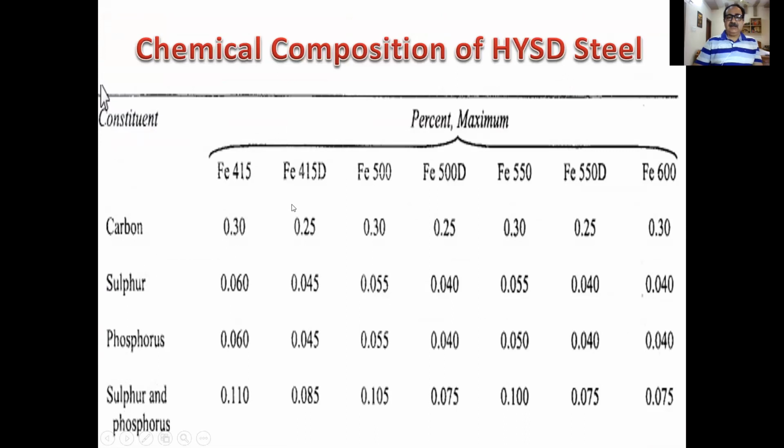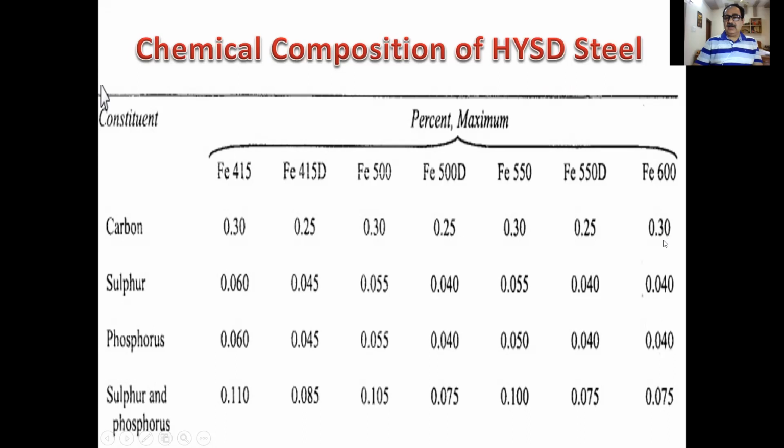From these first two columns, Fe415 and Fe415D, what is the difference between these two bars? They both have the same yield strength, 415 Newton per mm square. But if we compare the carbon content, we have more carbon in Fe415 and less carbon in Fe415D.